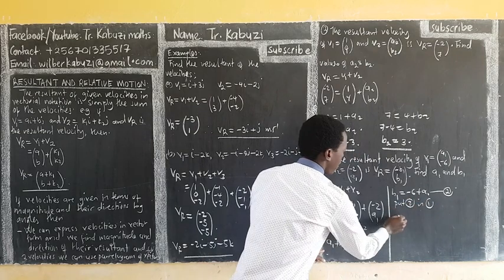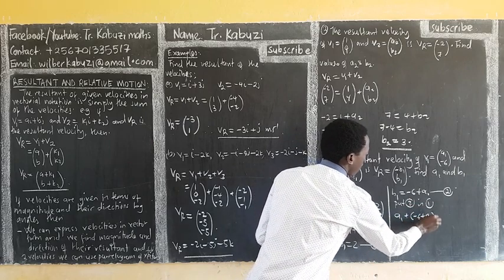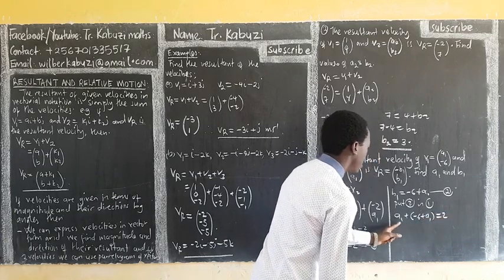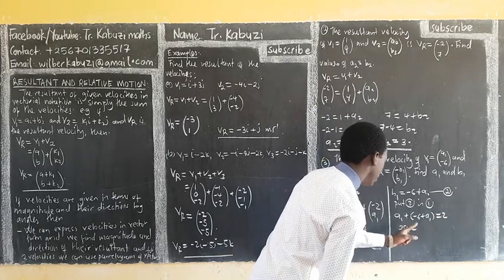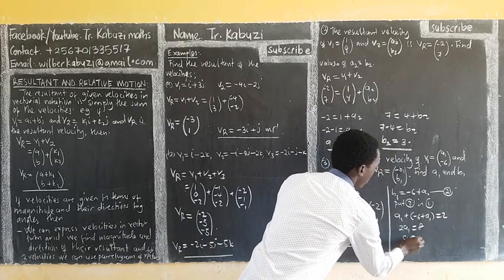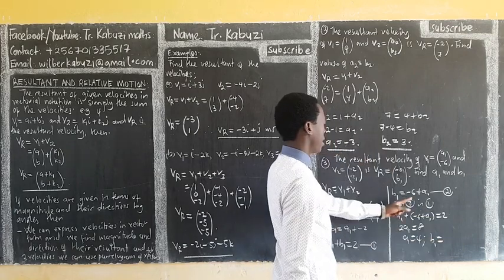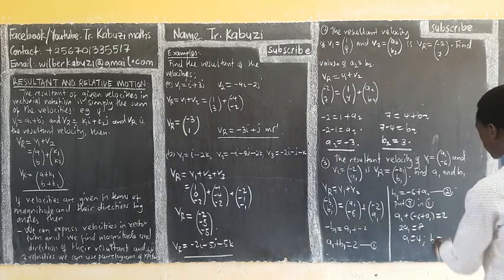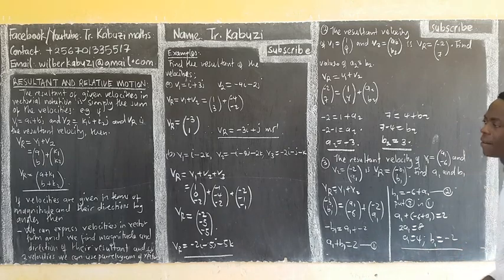So from here I have A1 plus negative 6 plus A1 equal to 2. If I simplify it, this will give me 2A1 equal to 2 plus 6. When I take this beside, it will be 8. So my A1 will be 4. If A1 is 4, then when I put a 4 here, my B1 is going to be negative 2. So we have handled that.